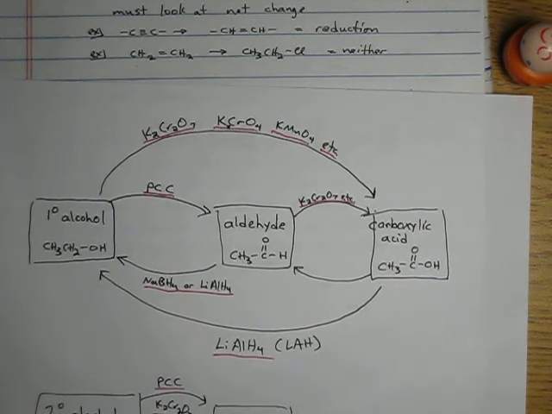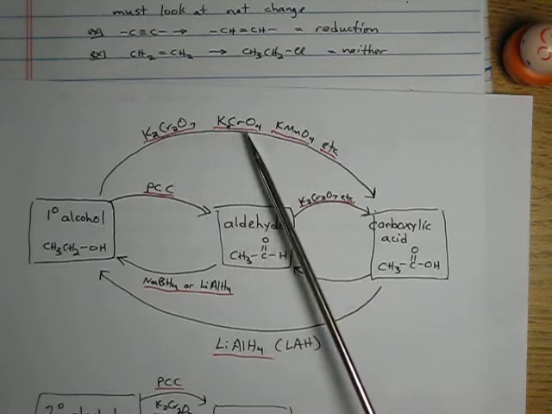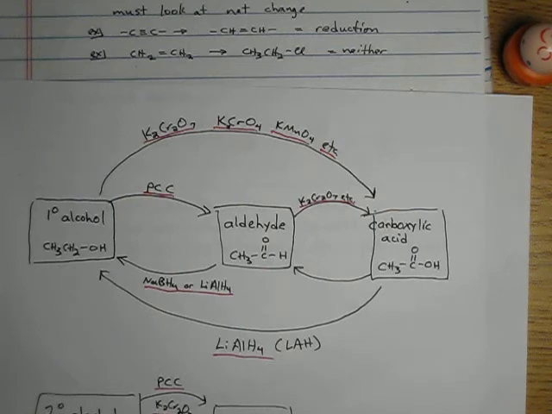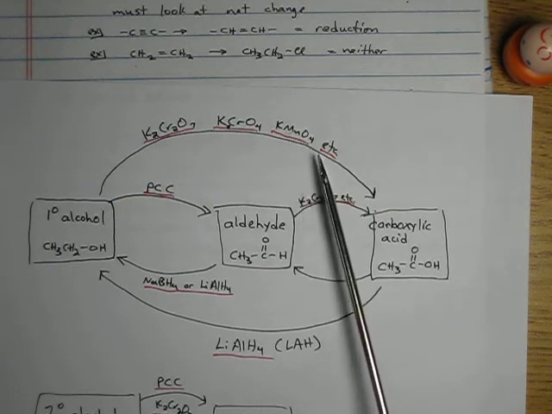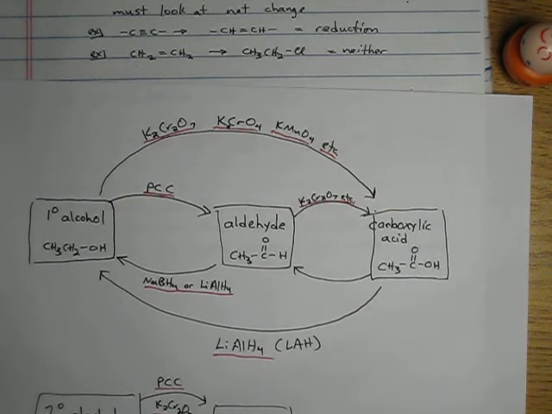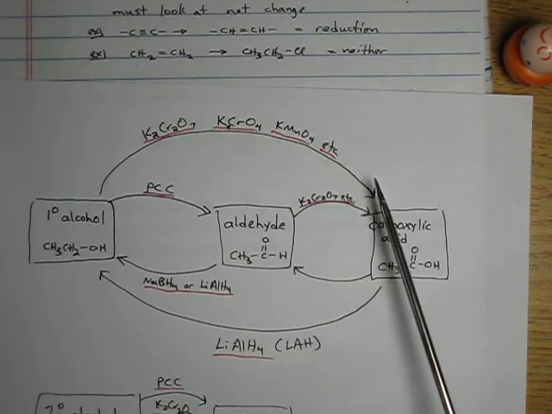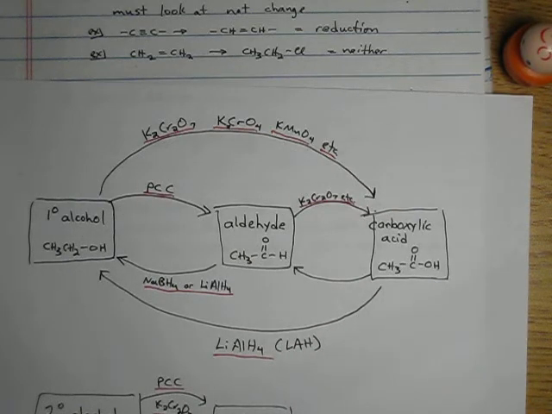You just use one of our strong oxidizing agents. Potassium dichromate, potassium chromate. Recall those have chromium in the +6 oxidation state. Potassium permanganate, manganese in the +7 oxidation state. All nice, good, strong oxidizing agents. They will take a primary alcohol and oxidize it 2 steps all the way up to the carboxylic acid.